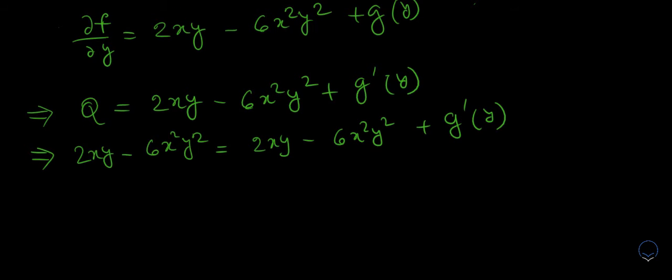And we have a very simple equation for g prime of y, because this part and this part will cancel out, this part and this part will cancel out, and we'll have finally g prime of y equals 0.